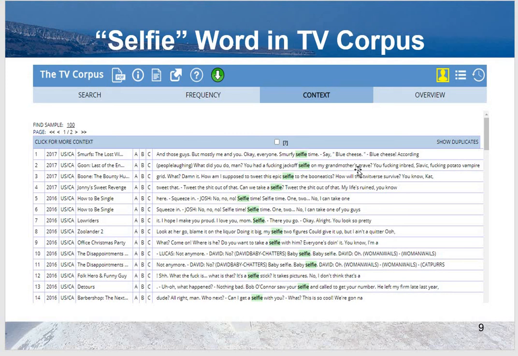Smurfy smile time, selfie time. So the word selfie time is so common. Okay, it's a selfie stick. Okay, your selfie. Can I get a selfie? Now you learn another collocation: take a selfie and get a selfie.